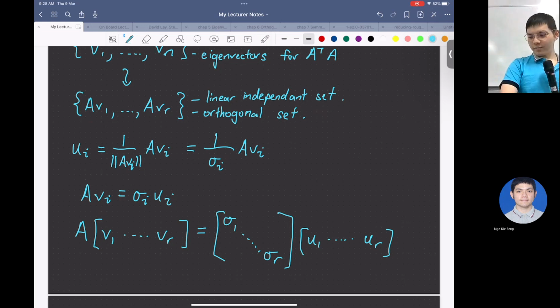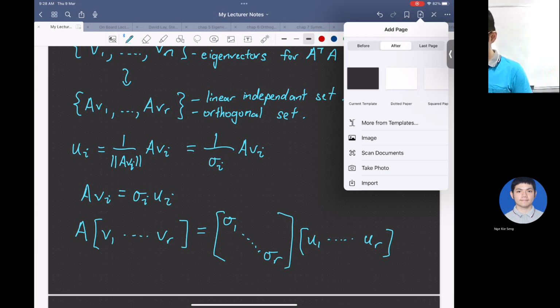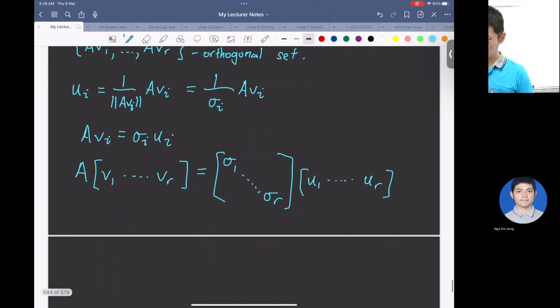But the size here is not the same, right? Just now we start with an m by n matrix.